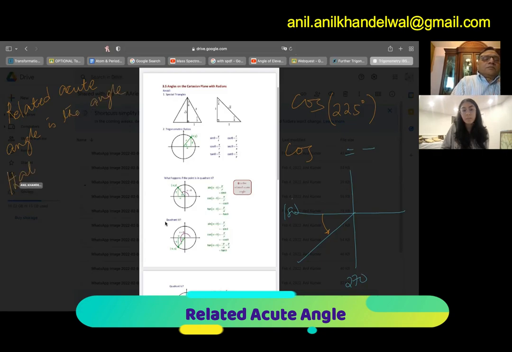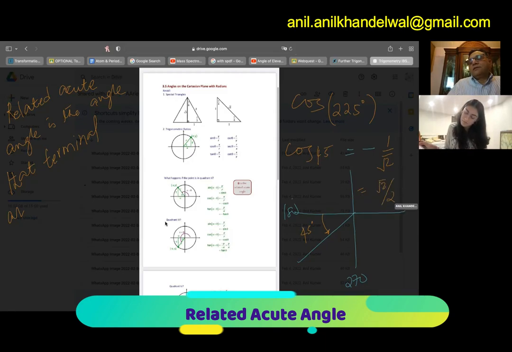So wouldn't this just be pi minus 225? So how much is 225 minus 180? 45, right? Yeah. So it equals cos of 45 degrees, correct? Yes. And cos of 45 degrees is 1 over square root 2. Or you could write square root 2 over 2, right? Minus.